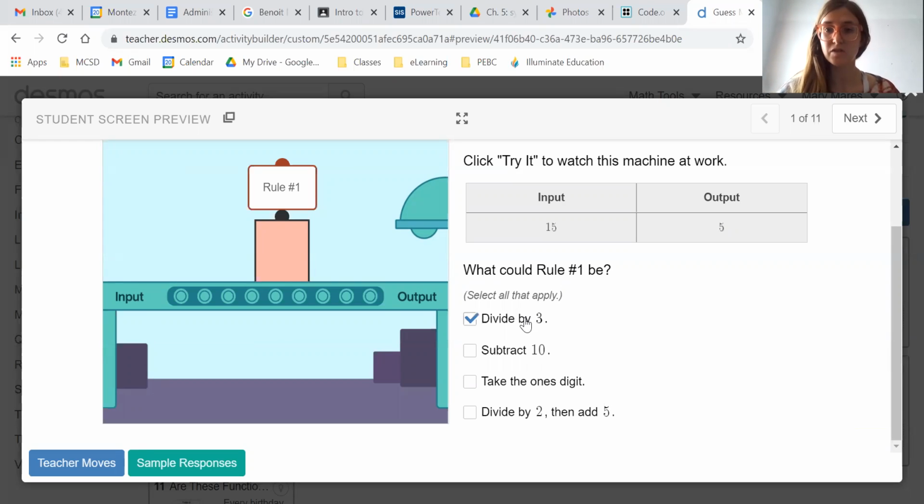Well, I could divide 15 by 3, I could subtract 10 from 15, or I could take away the ones digit. If I divided by 2, then added 5, 15 divided by 2 is 7.5, and adding another 5 would be 12.5, and that's not my output. So it's just one of those 3.